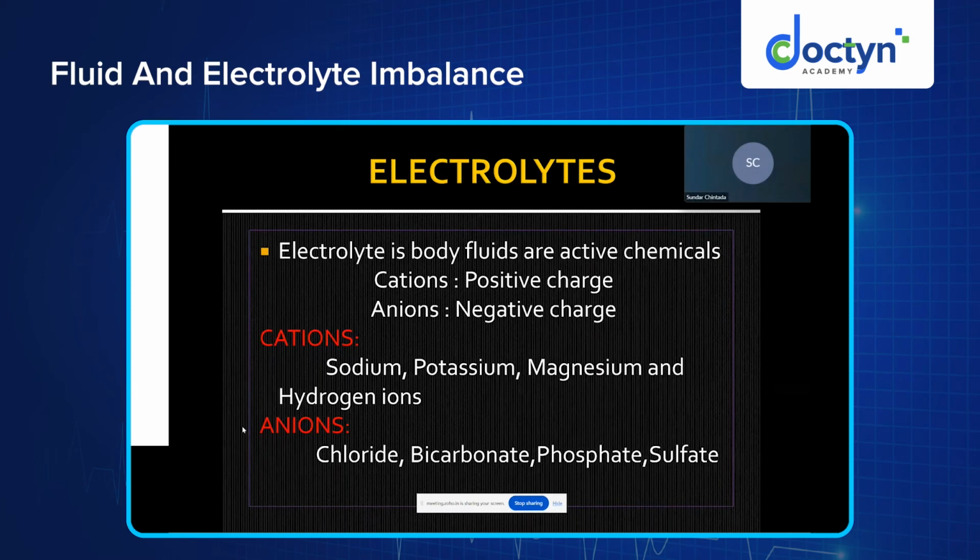Examples of cations are sodium, Na+, potassium, K+, magnesium, Mg2+, and hydrogen ions, H+. Examples of anions are chloride, Cl-, bicarbonate, HCO3-, phosphate, PO4-, and sulfate, SO4 2-. So these are the cations and anions that make up the composition of the electrolytes in the body.